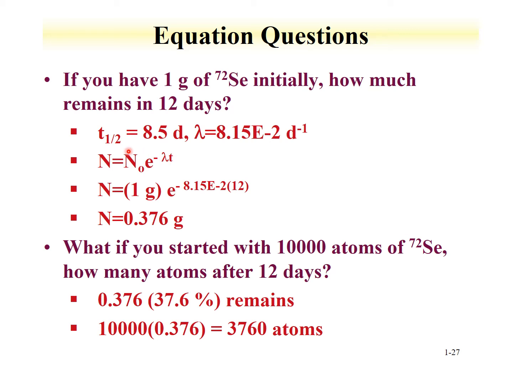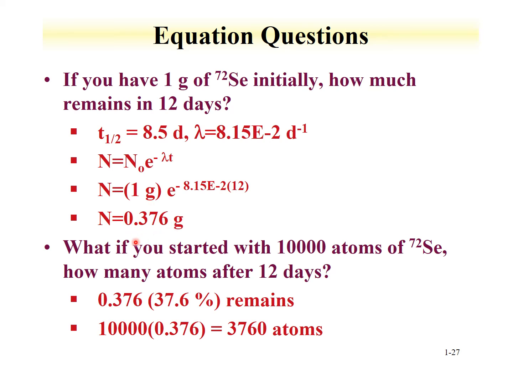Well, this is nominally for atoms, but atoms, grams, they're completely linear relationship. So 1 gram times e to the minus lambda times t, 12 days, you get 0.376 grams.